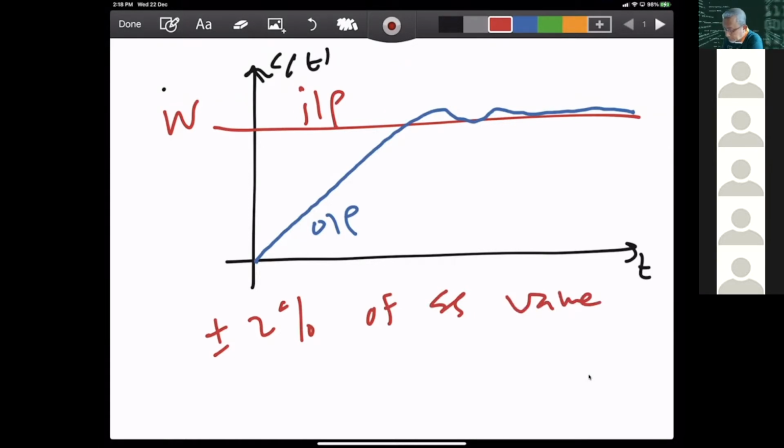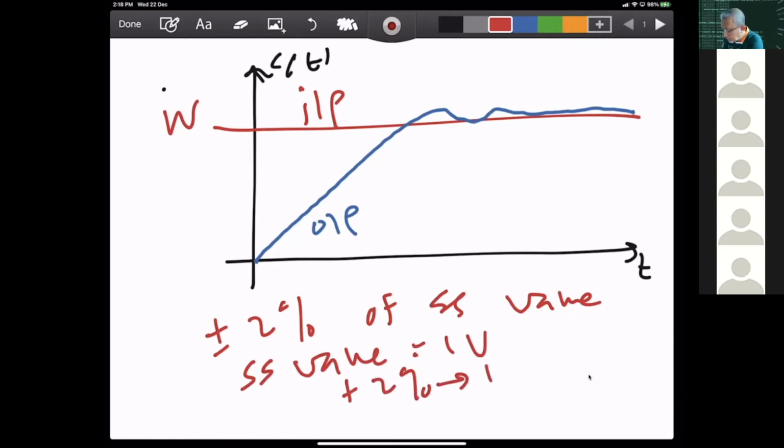Steady state value is how much? 1 volt. Plus 2% of 1 volt is 1.02. Minus 2% is 0.98.